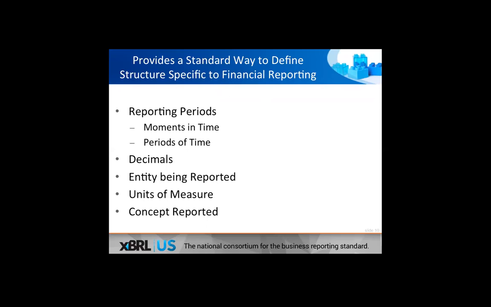This means that the end user, which would be the surety's financial system, can easily recognize all the values that are reported in a work in process statement that comes in an XBRL format. So that enables straight through processing, and it cuts out the need to rekey the data.